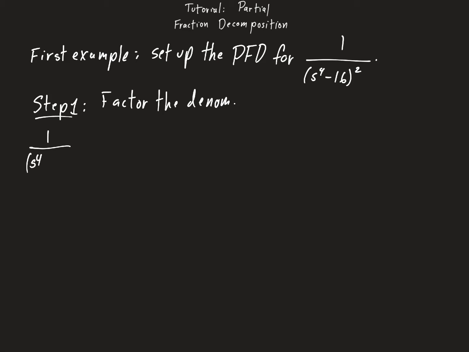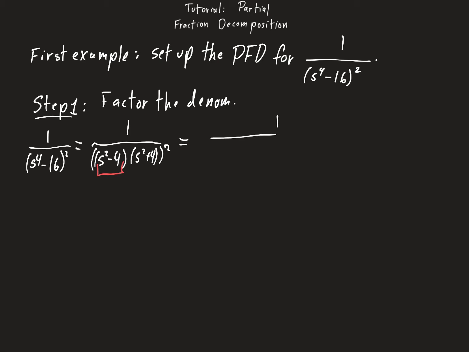So 1 over s to the fourth minus 16 squared, you can see that this can be factored as 1 over s squared minus 4 times s squared plus 4, all that squared. And then s squared minus 4, this term here, can itself be factored once more in exactly the same way.